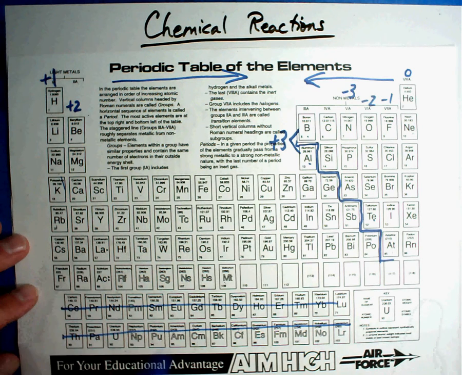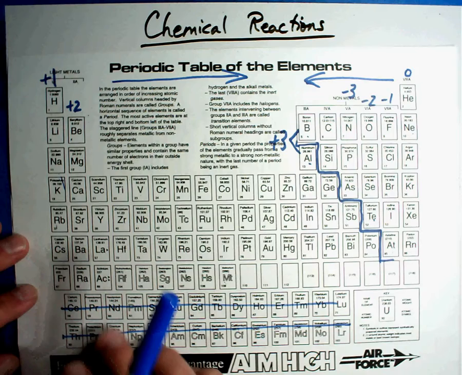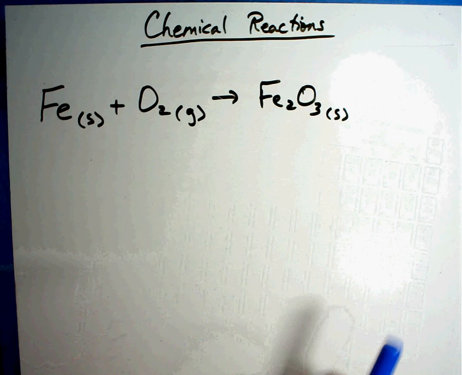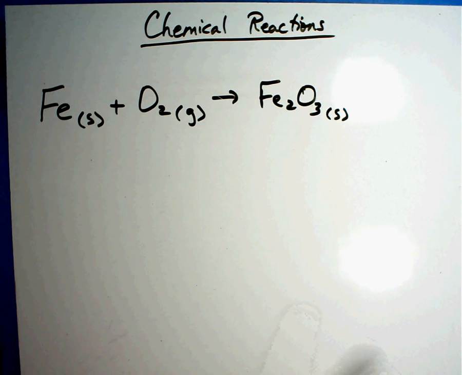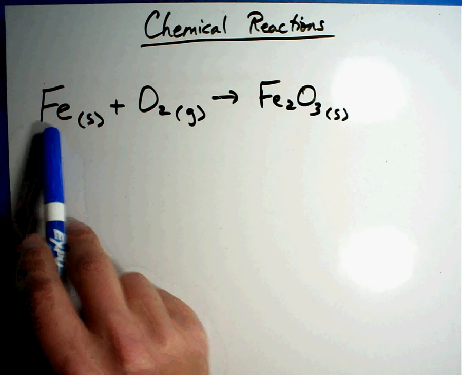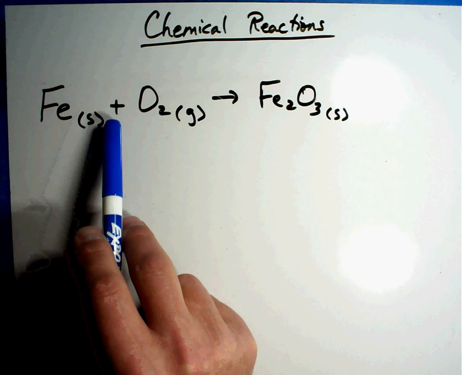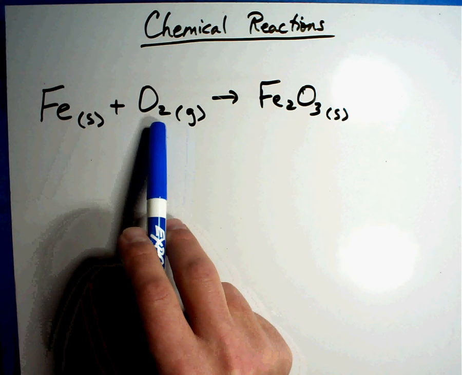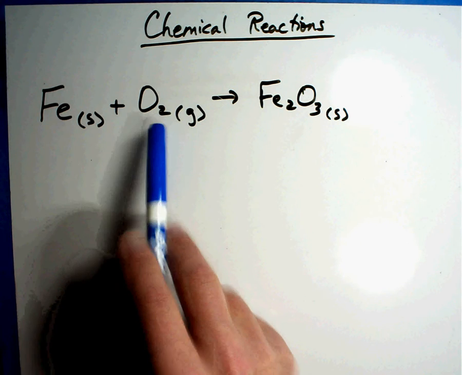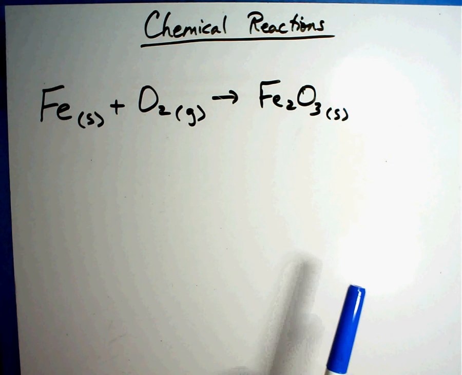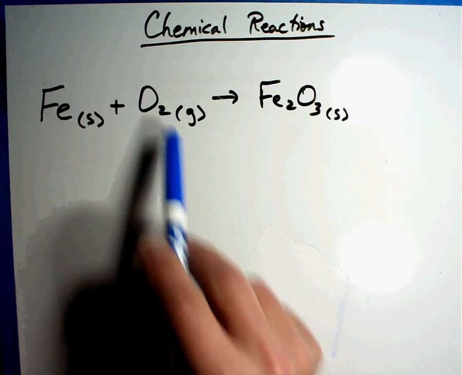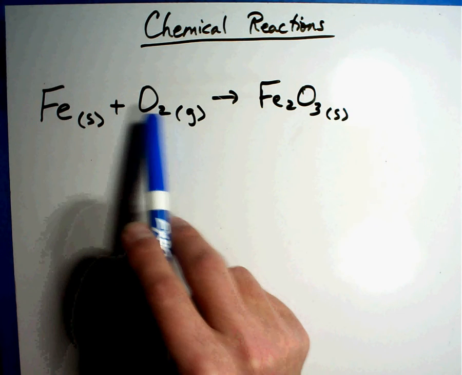And so we're going to talk about first the parts of a chemical reaction. Now, here's an example of a chemical reaction that all of us know. Iron, which is a solid, and oxygen gas. Now you'll notice there's a little 2 there. There's some elements on the periodic table that show up in twins. You don't have to worry about which ones, but that's what that little 2 is. It's found in twins or pairs.